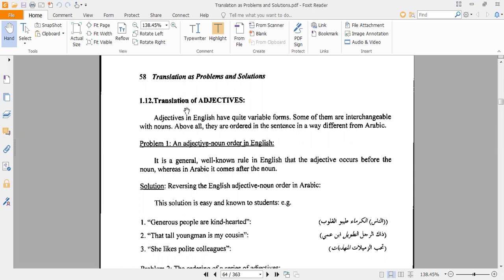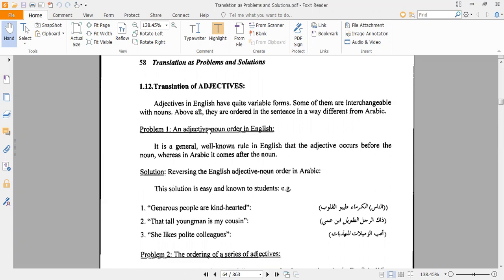To start with translation of adjectives, usually, adjectives in English occur before the noun. So the structure of adjectives in English is an adjective plus a noun.